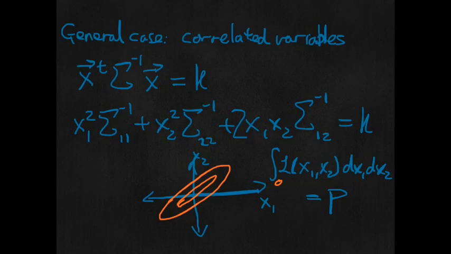Okay? But what we're trying to do here is to try to understand where this comes from, so let's derive it from scratch. Now the reason this is difficult is because we're trying to integrate over a region with such a funny geometry. We're trying to integrate over some kind of slanted ellipse.